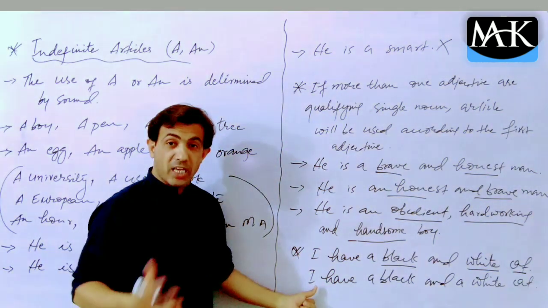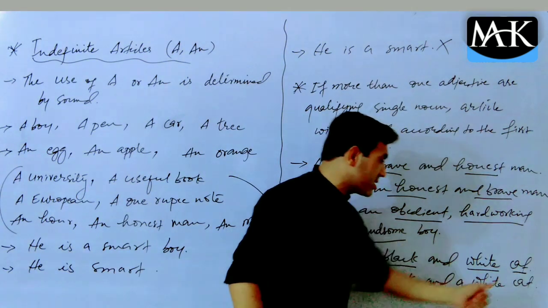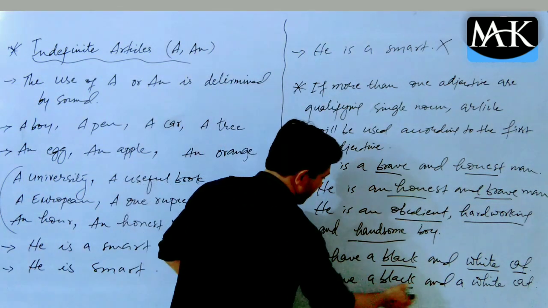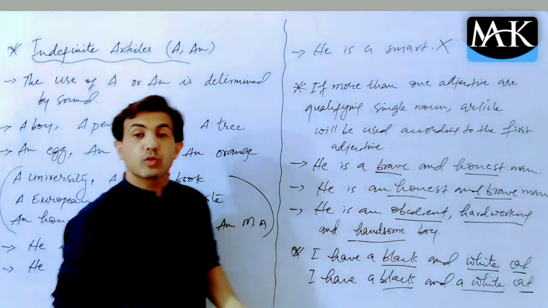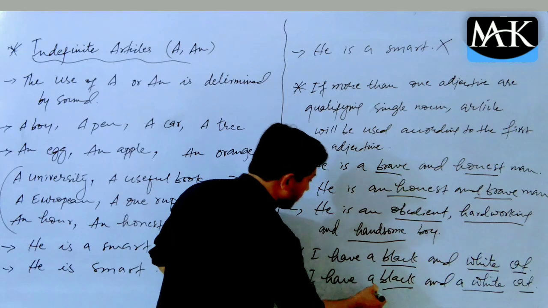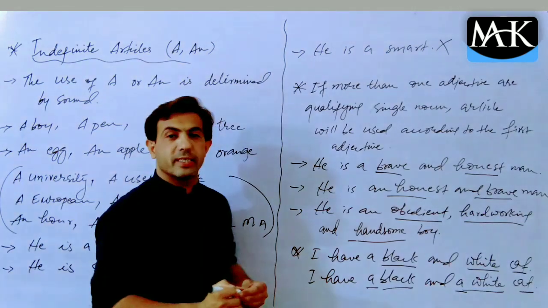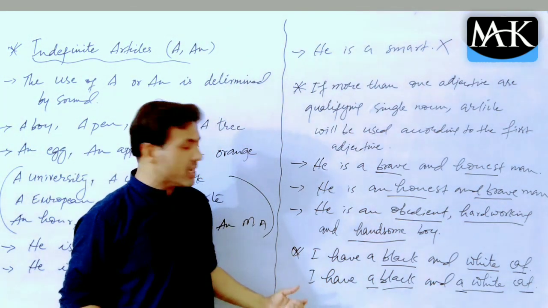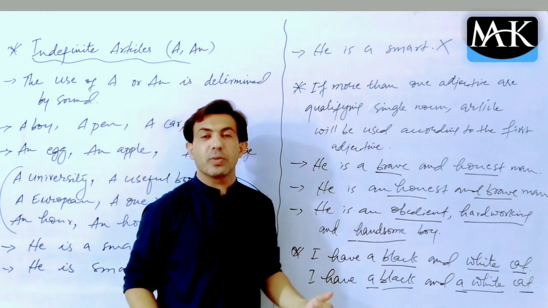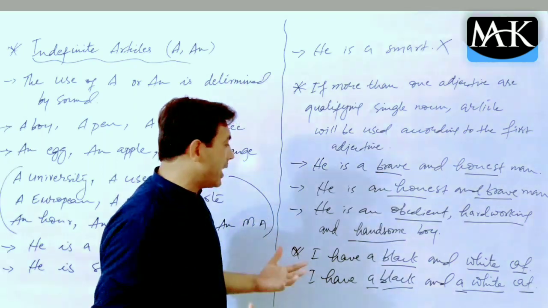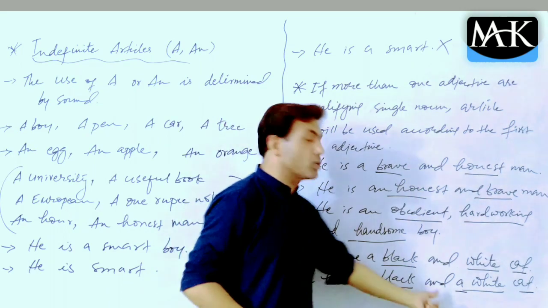And if I say in the second sentence, I have a black and a white cat. Now listen, now we have used the article twice here. Therefore, this sentence means I have two cats. I have a black and a white cat. This means I have two cats, because we have used the article twice.